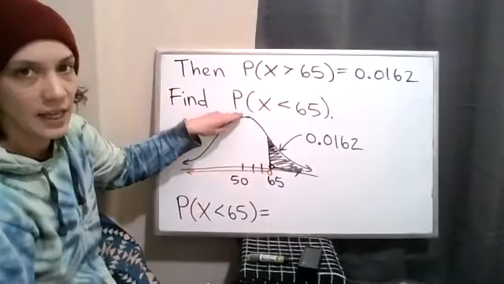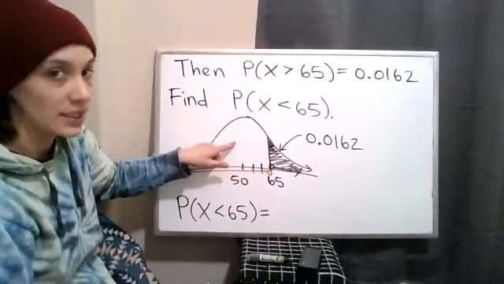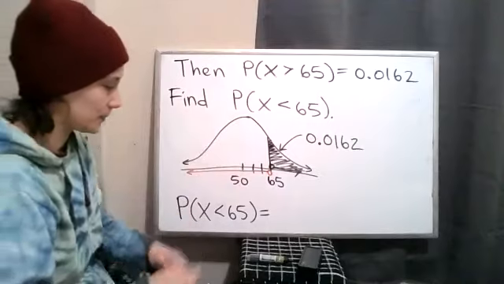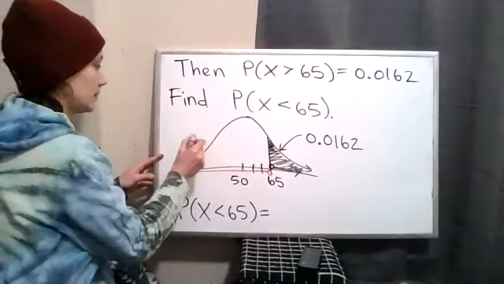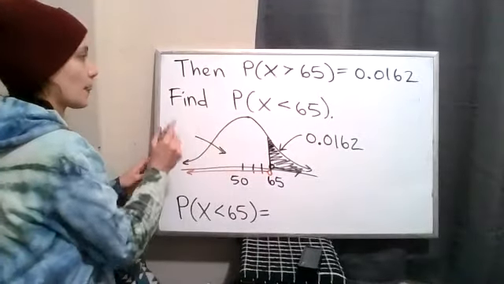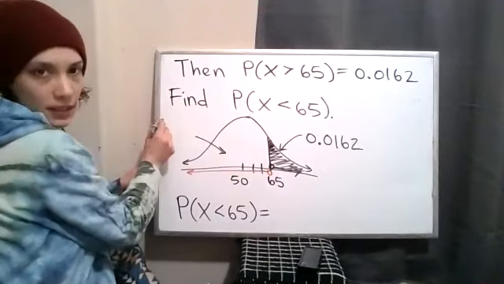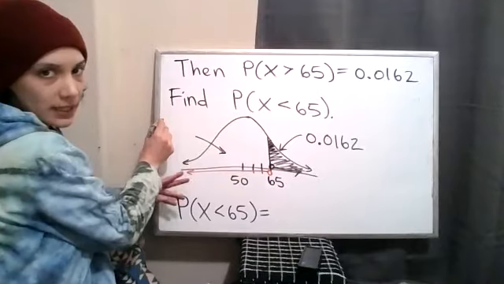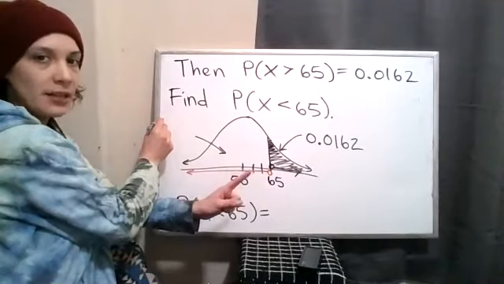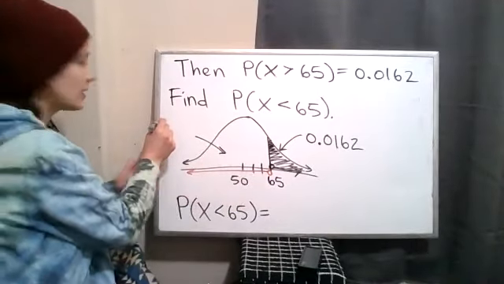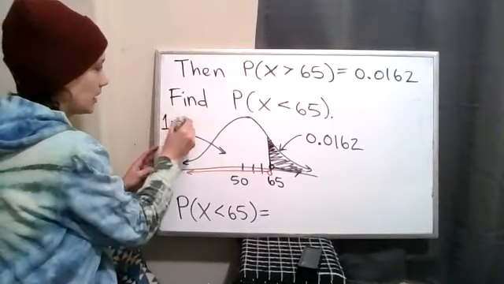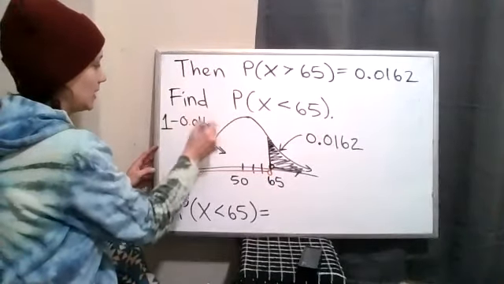And the probability on that interval is this area that we didn't shade. The full area is 1, and then you subtract the shaded area, and it leaves the one that we're interested in. So take 1, subtract 0.0162.